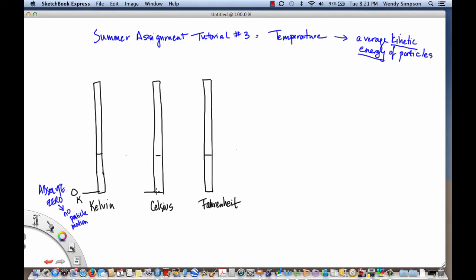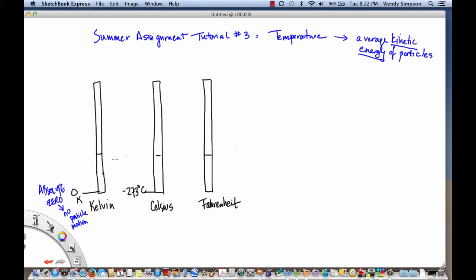Whereas on the Celsius scale, absolute zero, or the temperature at which there is no particle motion, is minus 273 degrees Celsius. Or we could be really, really particular and say minus 273.15 degrees Celsius. Okay, so let's compare just Kelvin and Celsius for right now.